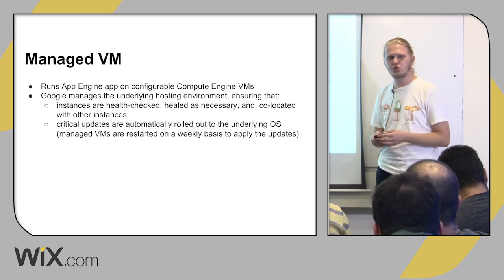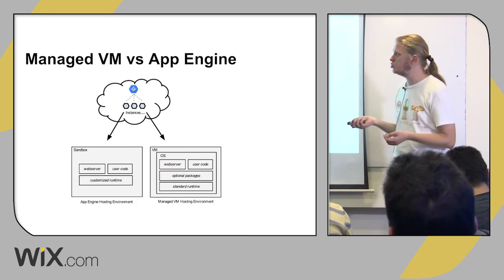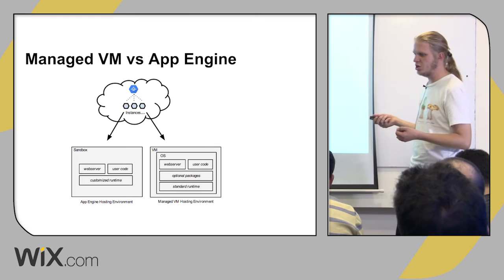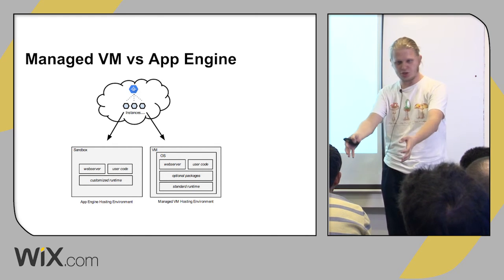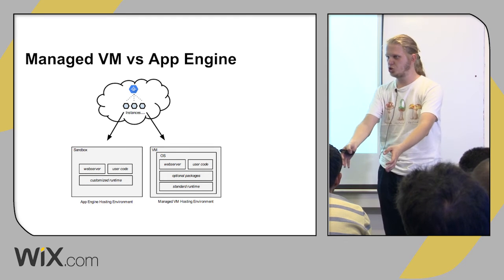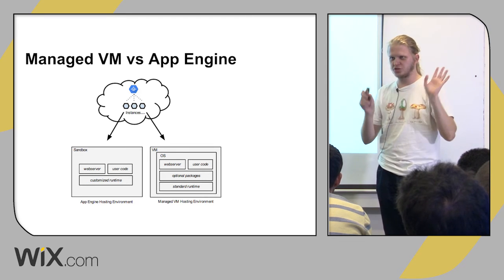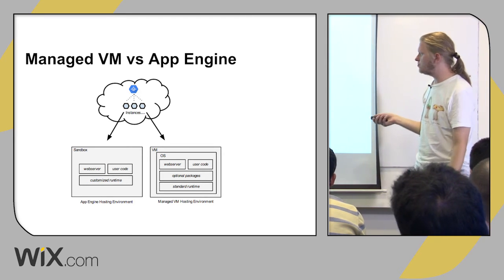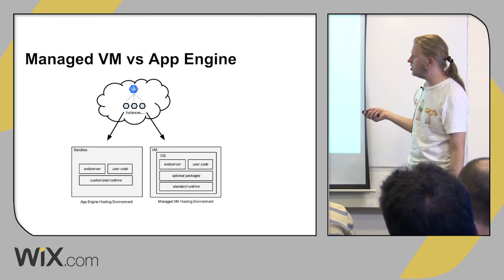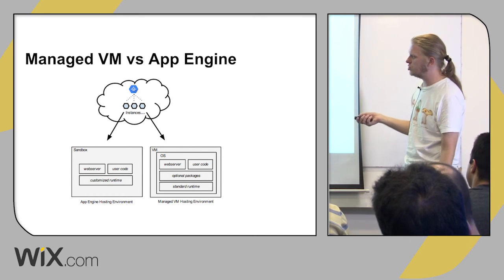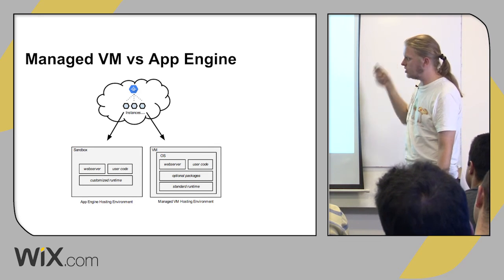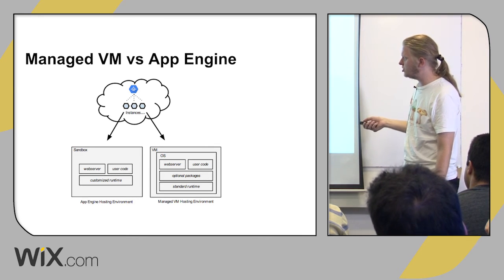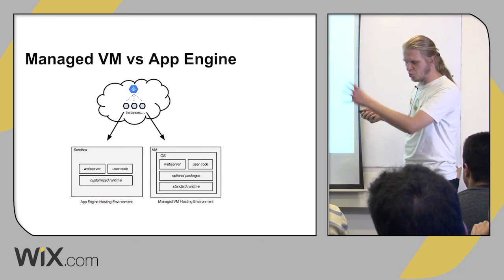What happens is when you use managed VMs, I'll show it later, you use the base image from Google. They give you, here's our managed VM Java image, use that, we have a lot of stuff there, enjoy it. The App Engine way was when you have user code, and everything else is provided by Google somewhere.